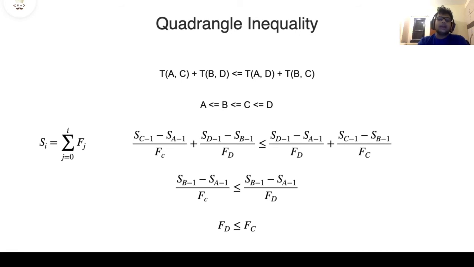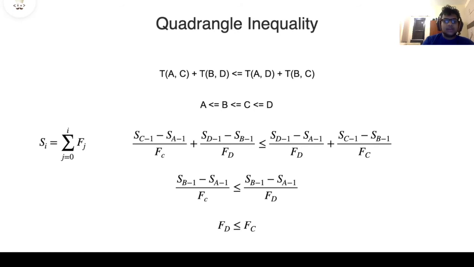Intuitively, what we're trying to prove is that if we take two different cost functions where the range is the same, then it's better to have the average size lower than to have one big one and one small one.